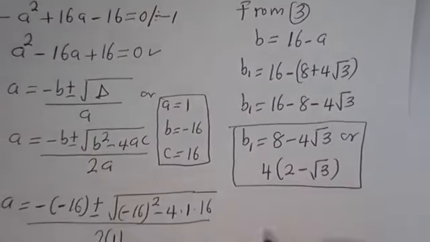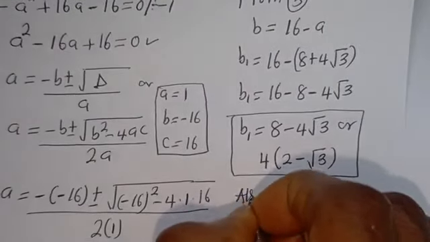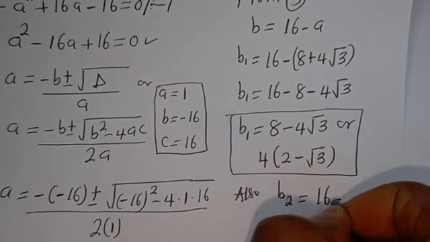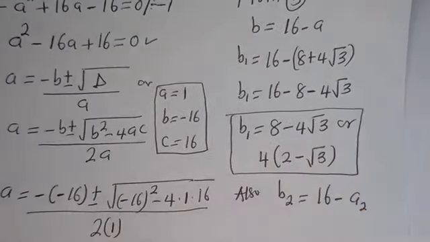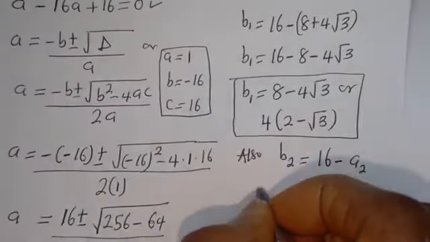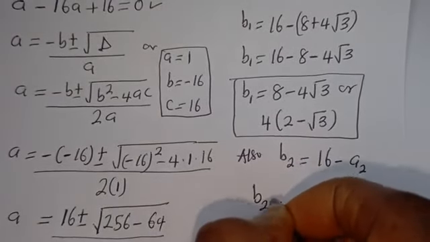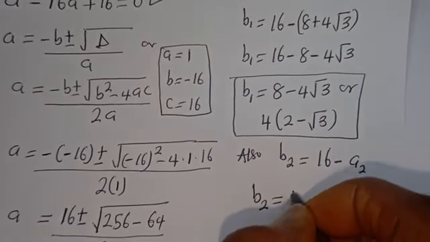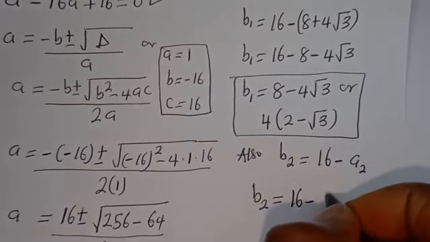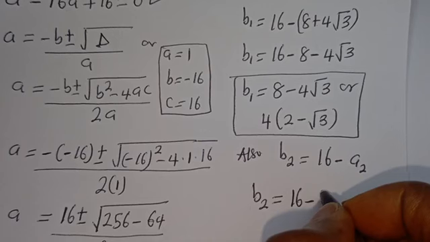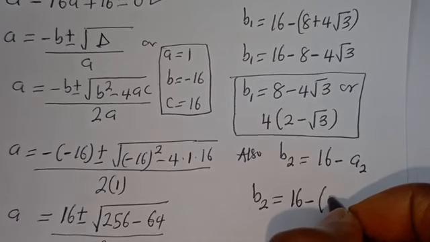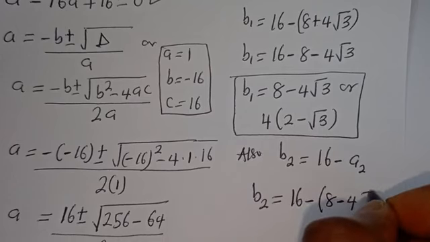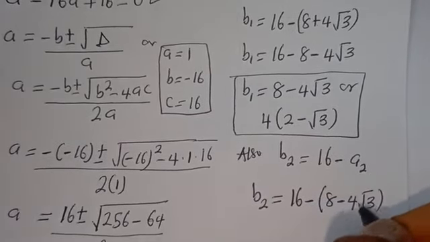Now let's solve for B2. Also, B2 is equal to 16 minus A2. Then B2 is equal to 16 minus bracket 8 minus 4 root 3.